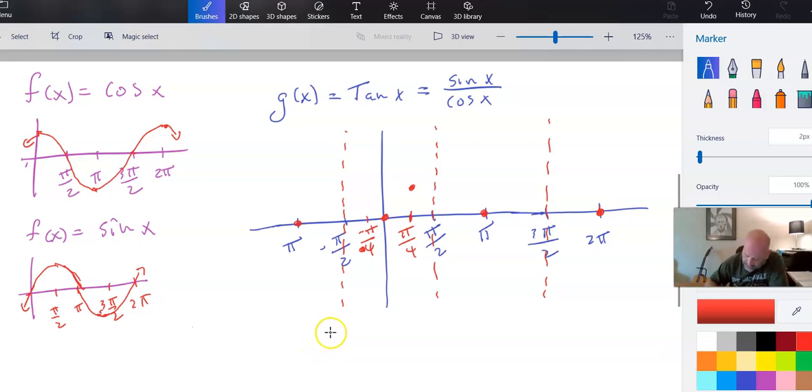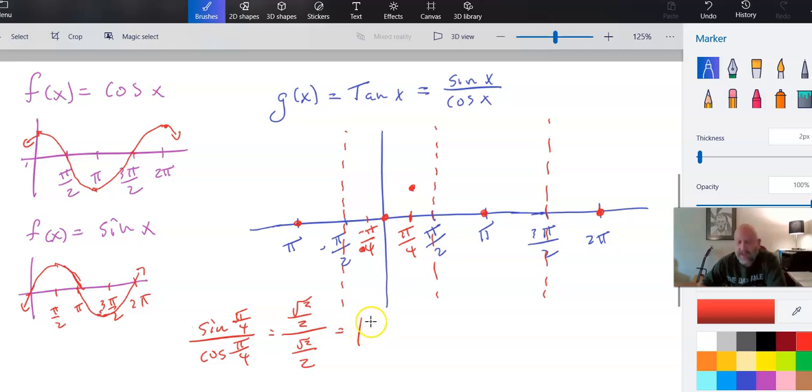The way this ends up working, if you look at pi over 4 is 45 degrees, right? If I look at sine of pi over 4 over cosine of pi over 4, well, that ends up being root 2 over 2 divided by root 2 over 2, which is 1, because it's something divided by itself. So that's why tangent ends up being 1 here. That ends up being kind of an anchor point for you to be able to manipulate the amplitude.